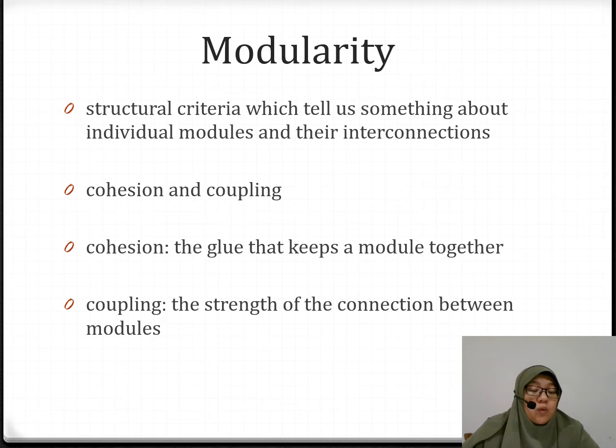So cohesion is how often these family members interact with each other. And coupling is how one house interacts with the people in the other house. So cohesion is about the modules in your subsystem, how they interact with each other. Coupling is the interaction between different submodules.